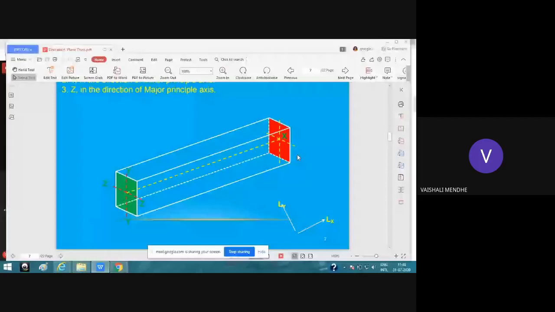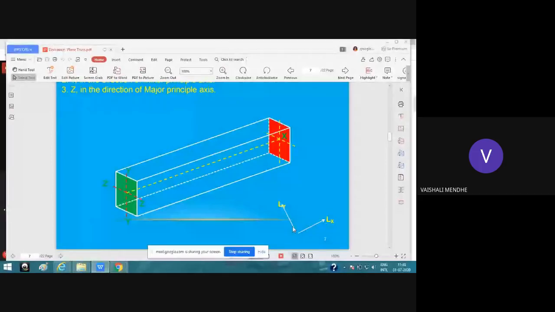But if your member is a perpendicular or vertical member, then local x will act along that vertical member, and local y will always be perpendicular to local x. Here in this figure you can see that local x is along the member and local y is perpendicular to that member.